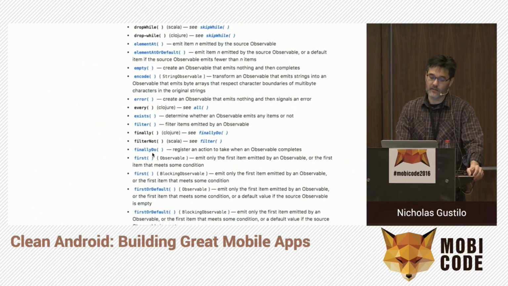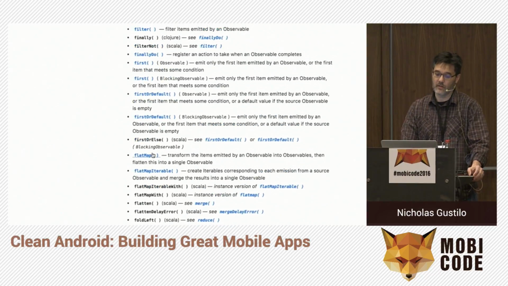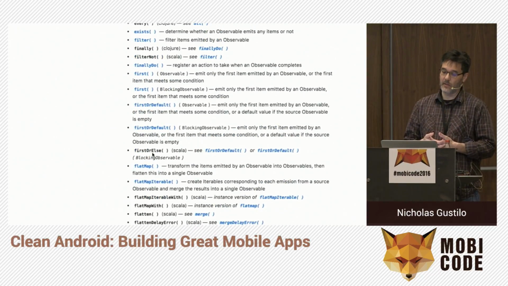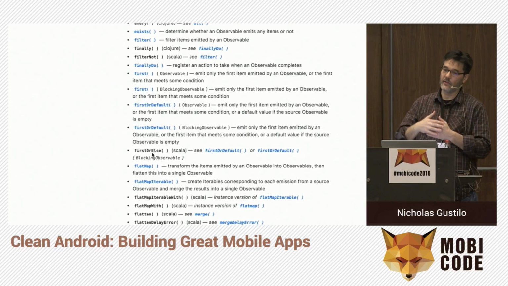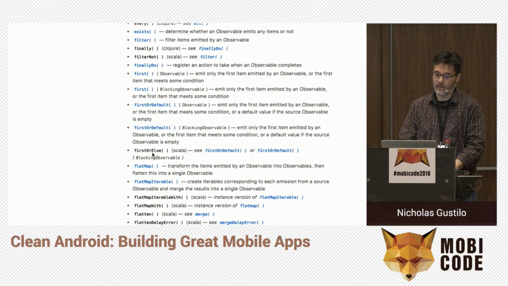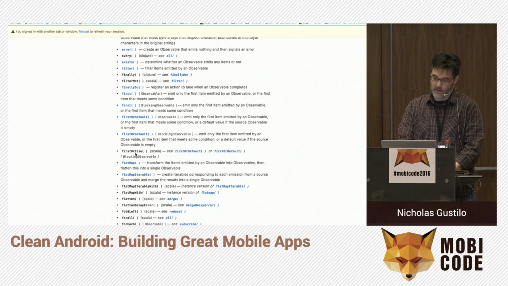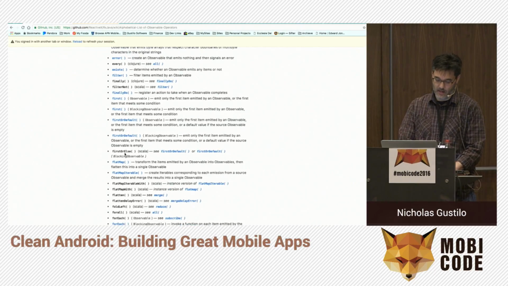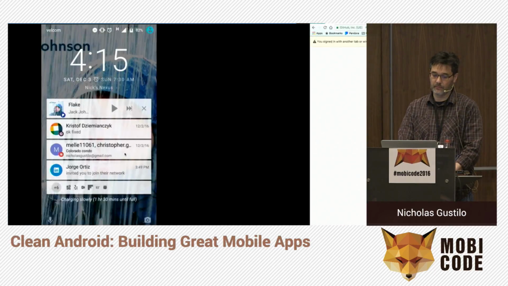There's a very long list of these operators, and most of them, again, have this chaining ability where you can chain one on top of the other. You can filter and then combine, or combine and then filter, et cetera. Again, this is a very powerful feature of Rx, and was one of the compelling reasons why we've moved strongly towards it.